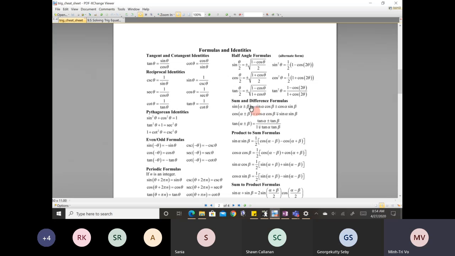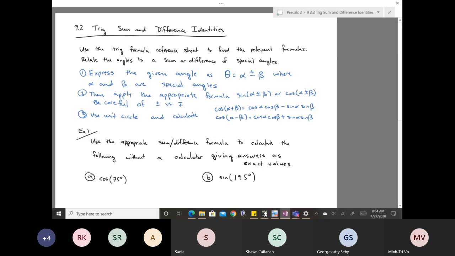So be careful about whether you have a plus or a minus when using these formulas. That's what I mentioned here: be careful of the plus minus versus the minus plus, where the cosine formula should read like this.